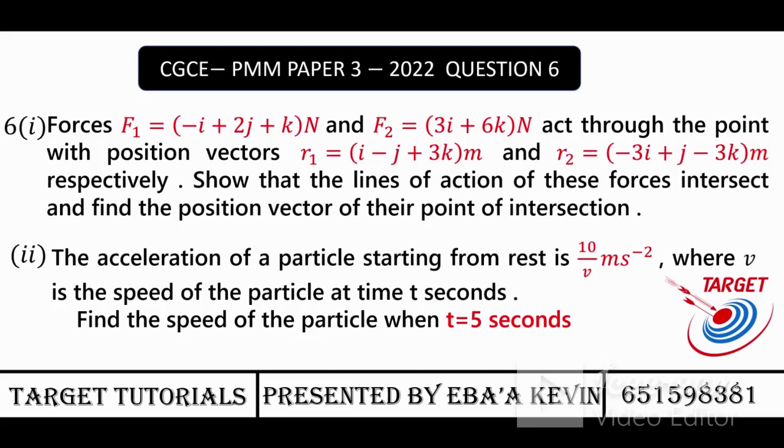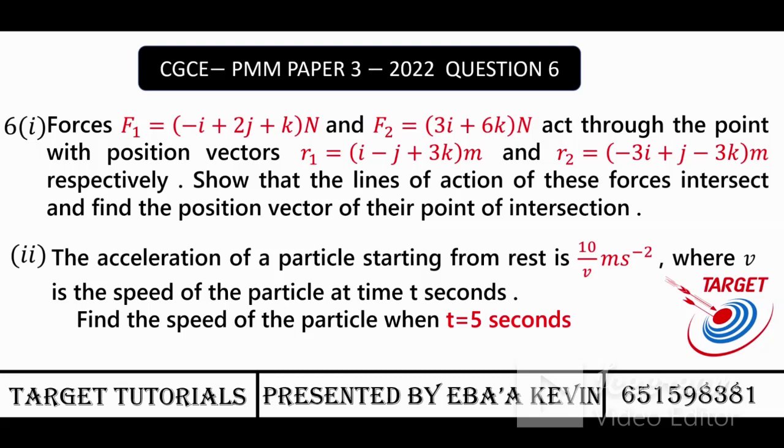Question 6 Roman 1 reads: forces F1 equals negative i plus 2j plus k Newton and F2 equals 3i plus 6k Newton act through the points with position vectors r1 equals i minus j plus 3k meters and r2 equals negative 3i plus j minus 3k meters respectively. Show that the lines of action of these forces intersect and find the position vector of their point of intersection.